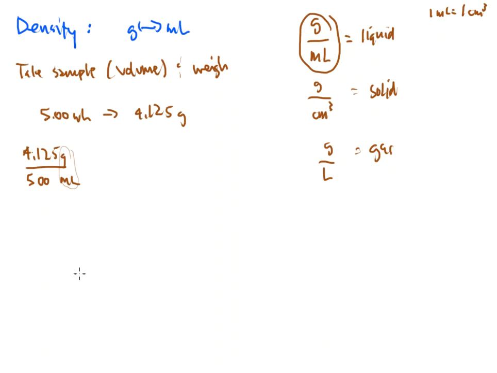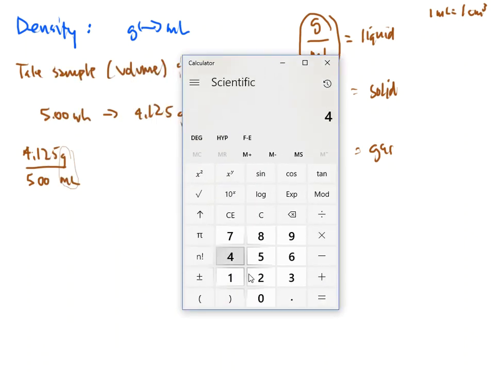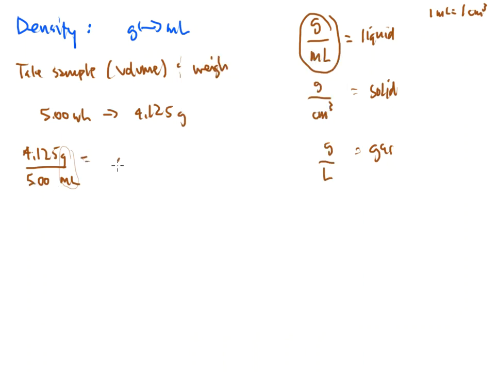So I'll take 4.125 and divide that by 5, and that gives me 0.825. And that's grams per mil. And that's how I would calculate the density of a liquid, right? It's no more than that. That's all there is to it.